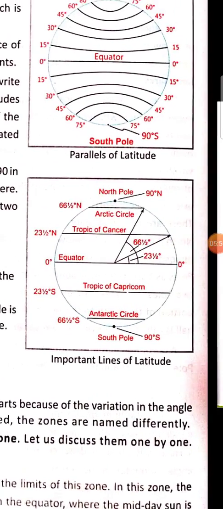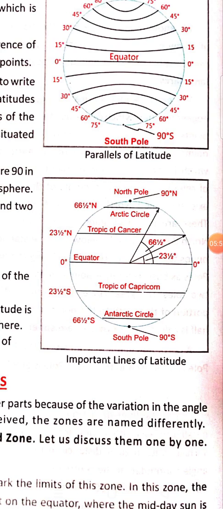For example, Kerala in India is situated between 8 degrees 18 minutes north to 12 degrees 48 minutes north of the equator. The number of latitudes we can draw at 1 degree interval are 90 in the northern hemisphere and 90 in the southern hemisphere. The latitude of the equator is 0 degrees.